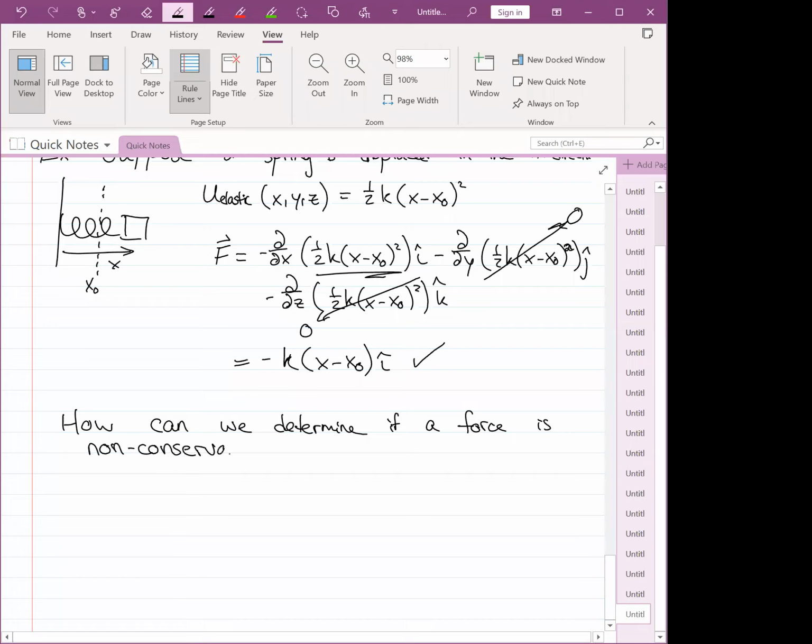I don't know why my internet's not connected. Let me try calling in really quick, and then I'll turn off my audio.